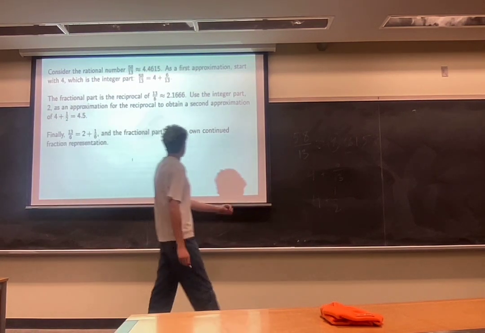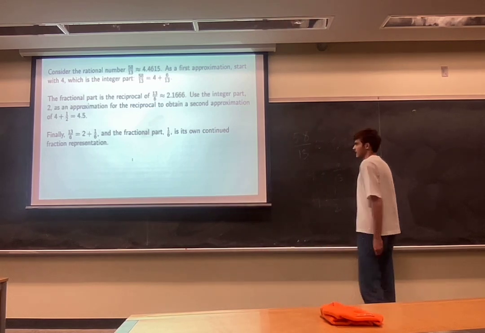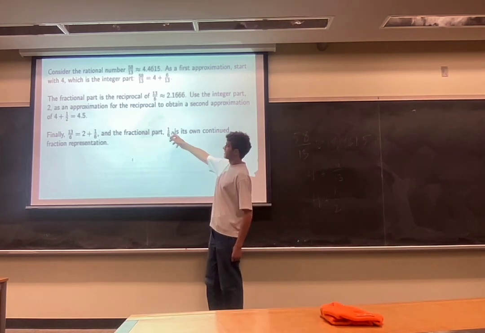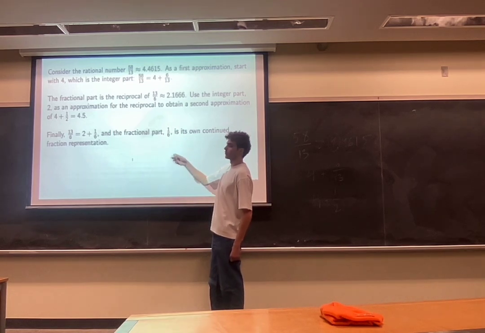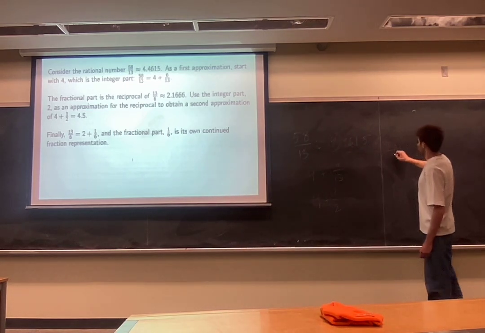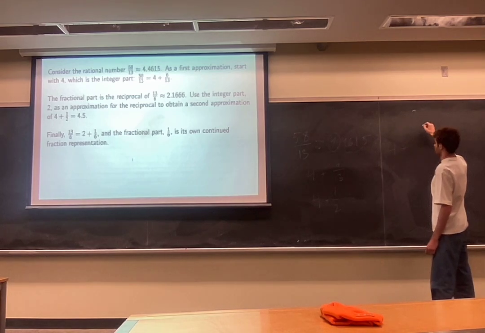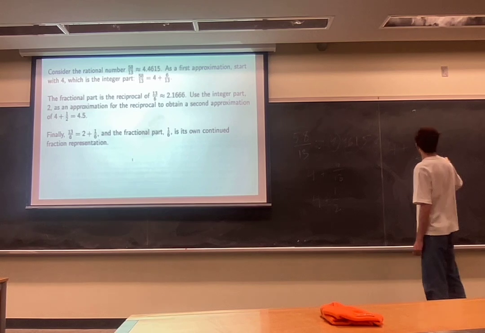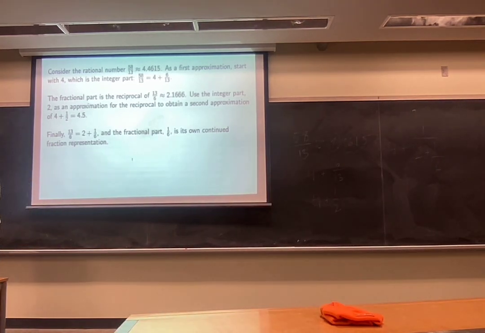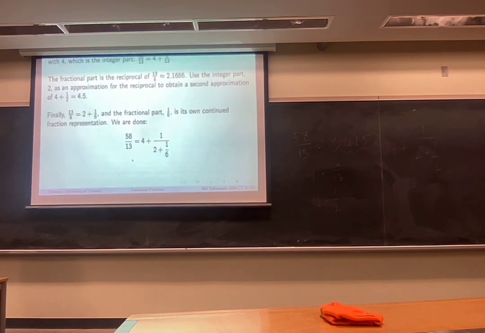Since 13 over 6 is equal to 2 plus 1/6, in this case this is such a simple example because the final fractional part, 1/6, has 1 in the numerator. So this is its own continued fraction representation. And so we end up with 4 plus 1 over 2 plus, if I'm not mistaken, if I was, that would be quite embarrassing. There we are, 4 plus 1 over 2 plus 1 over 6.